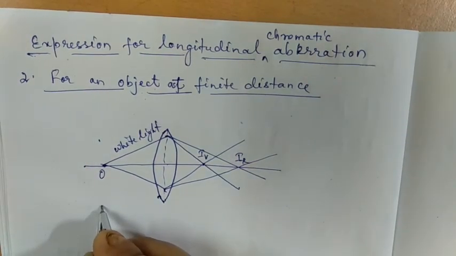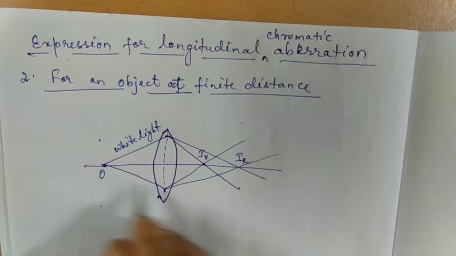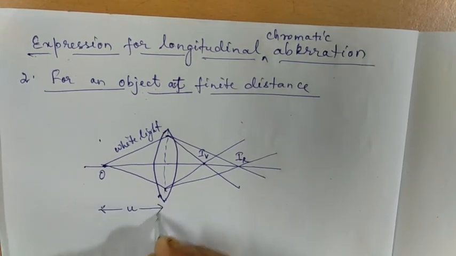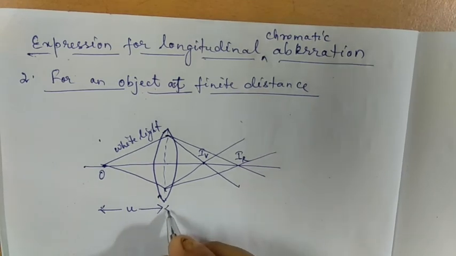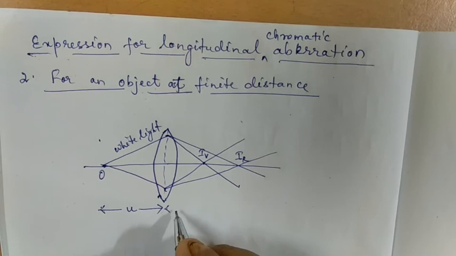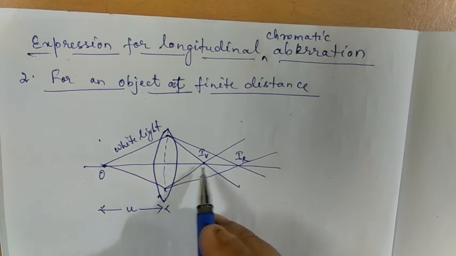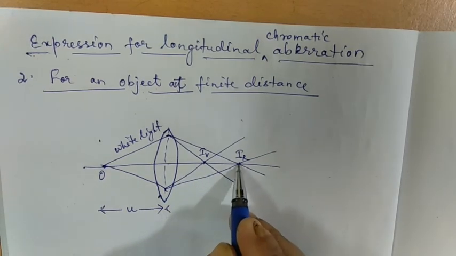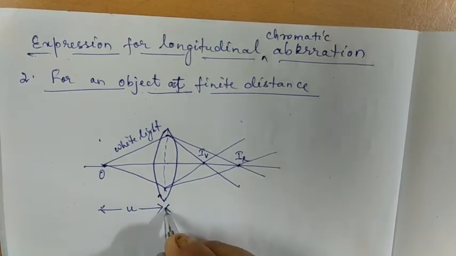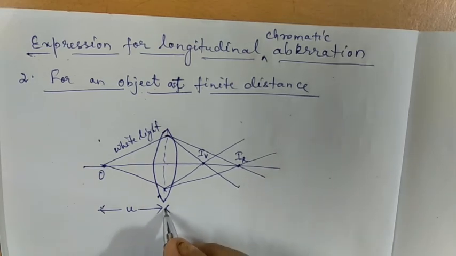Now the distance from the object to the lens, let it be U, and the distance from the lens to the image be V. As we are getting two extreme colors, violet and red, we will have two image distances, for violet as well as for red.